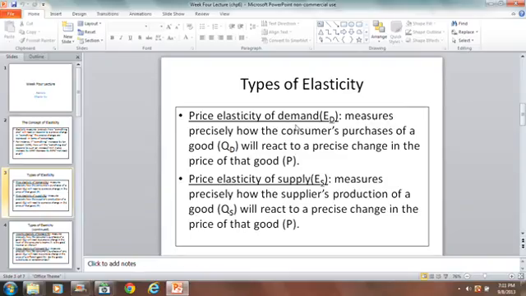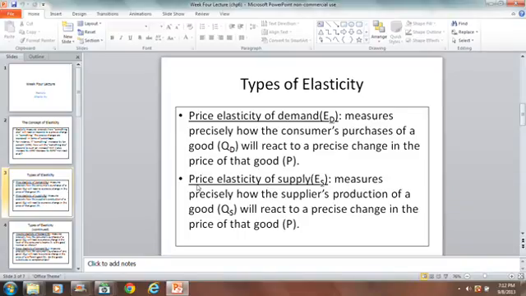Similarly, price elasticity of supply is giving more precision to the law of supply. So the law of supply, as we learned about in chapter 3, told us that if price goes up, the quantity supplied goes up. Price goes down, the quantity supplied goes down, etc. ceteris paribus. That is true, but we need more precision.